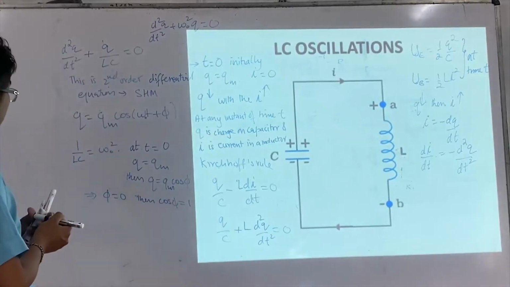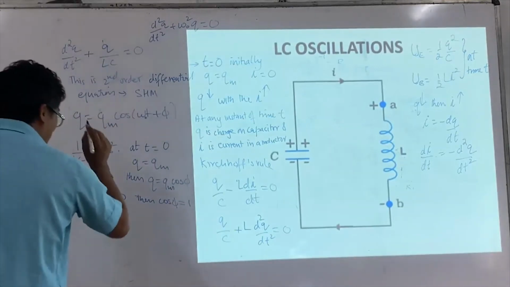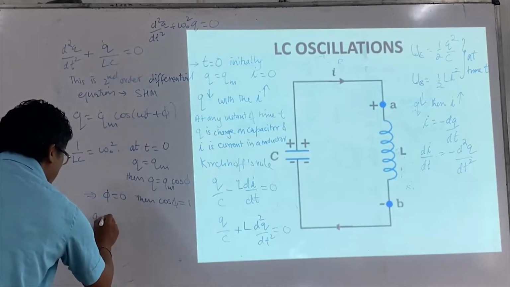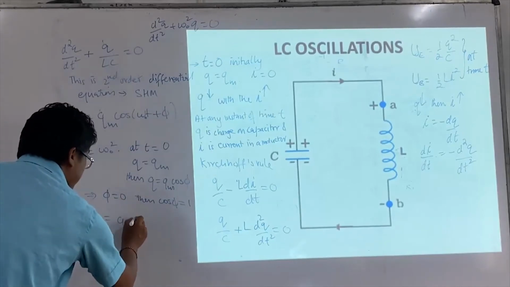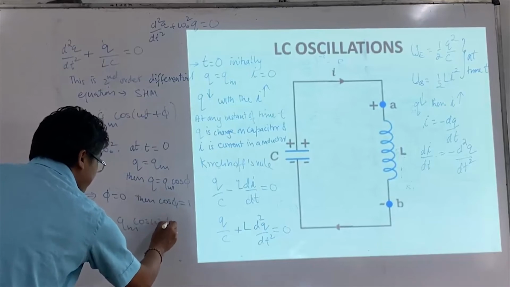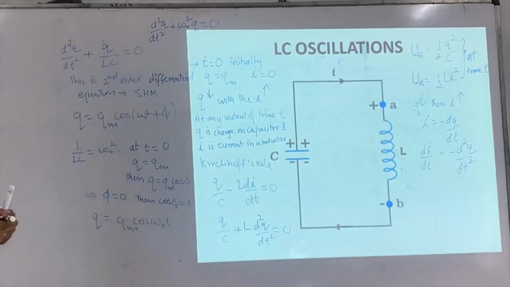So now my final solution would be Q equal to Qm cos omega naught t. This is the final solution.